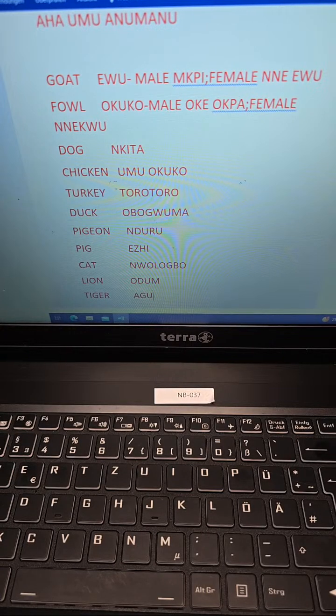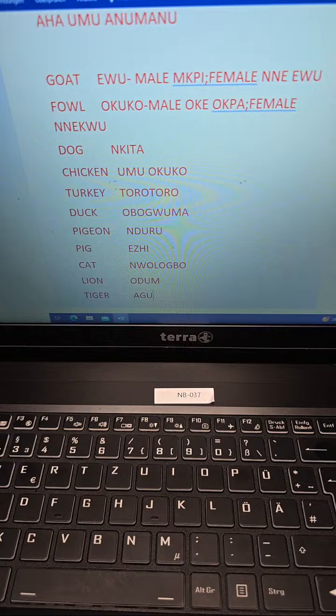Then we have cats. Cat in Igbo language is called nwologbo. Then we have lion. Lion in Igbo language is called odum.